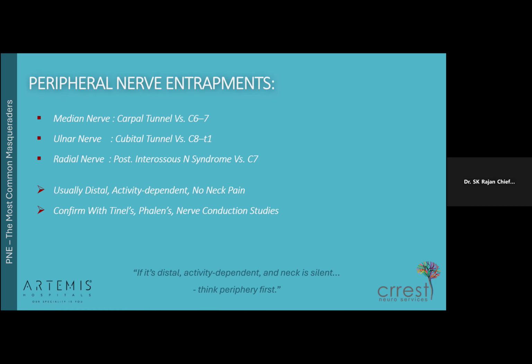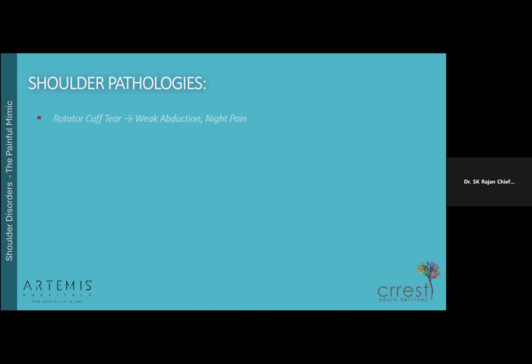Let's go to the next most common pathology that we find, shoulder pathologies. Very, very commonly mistaken by, I would say, neurosurgeons, because we don't deal with so many shoulder pathologies, and it is extremely important for our neurosurgery colleagues to understand. Now, these patients will typically have painful movements, either active or passive.